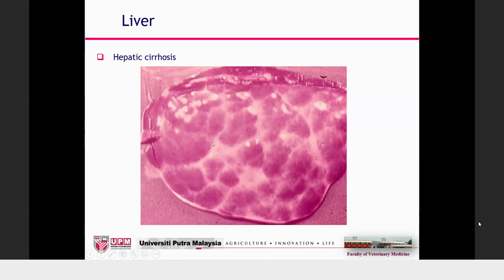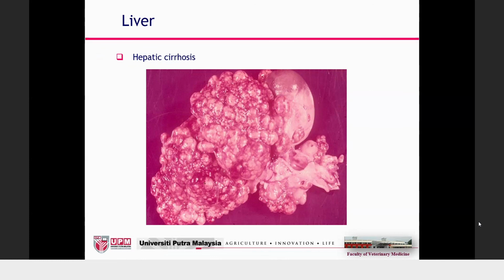And this is, of course, the most severe one. We call it hepatic cirrhosis. You see a lot of regenerating hepatocytes with numerous, severe infiltration of fibroblasts.